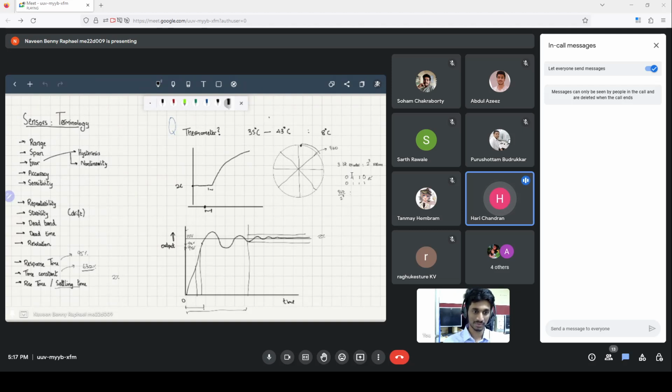Yes. For the rise time, we are saying it goes from 10 percent to 90 or 95 percent. So there is a confusion whether the rise time is part of the response time, or how it should be.